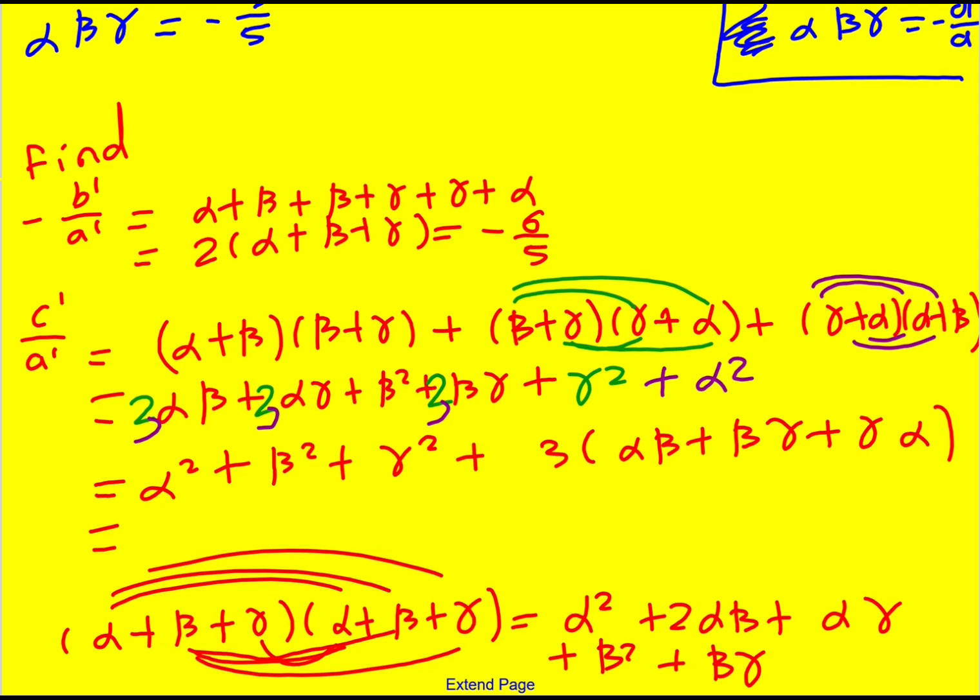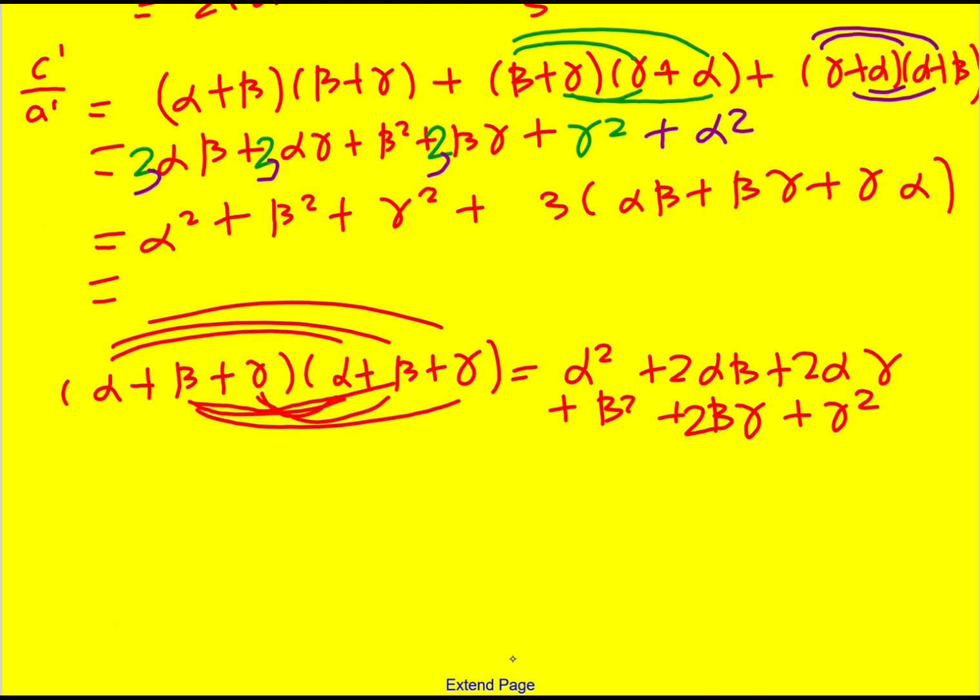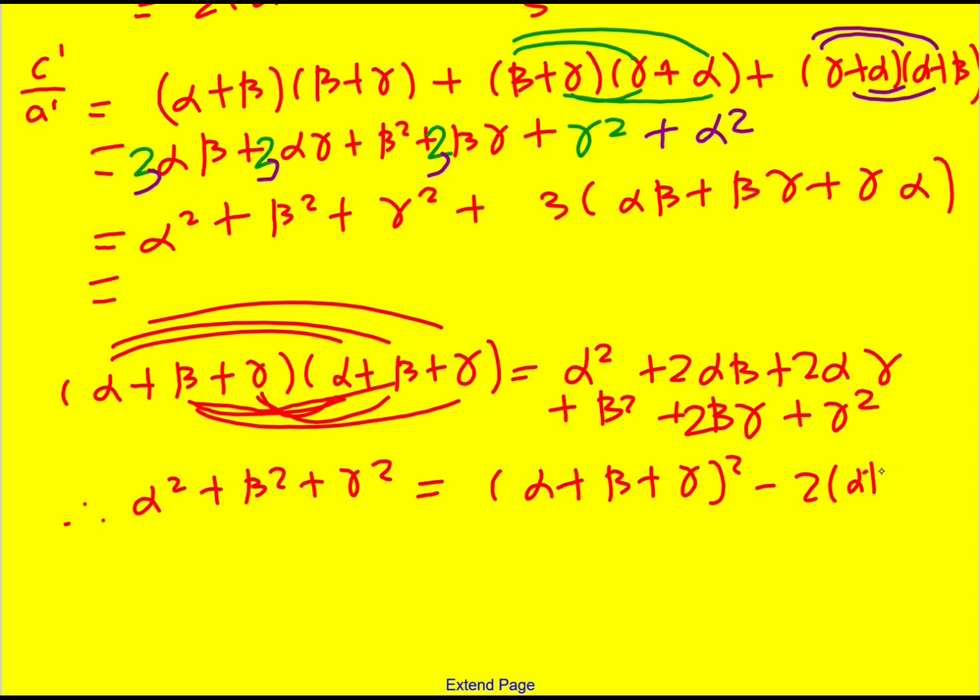Then gamma alpha, so I've got another one of them, gamma beta, another one of them, plus gamma squared. So therefore, alpha squared plus beta squared plus gamma squared is going to be alpha plus beta plus gamma all squared minus 2 lots of alpha beta plus beta gamma plus gamma alpha.